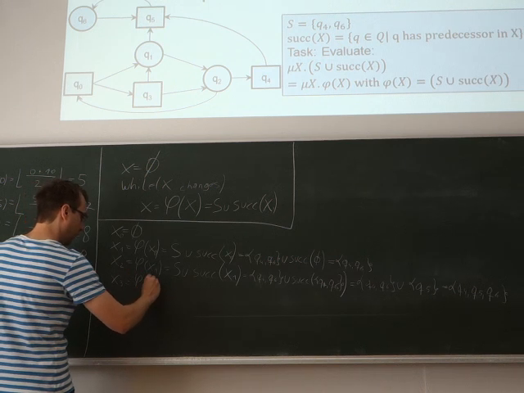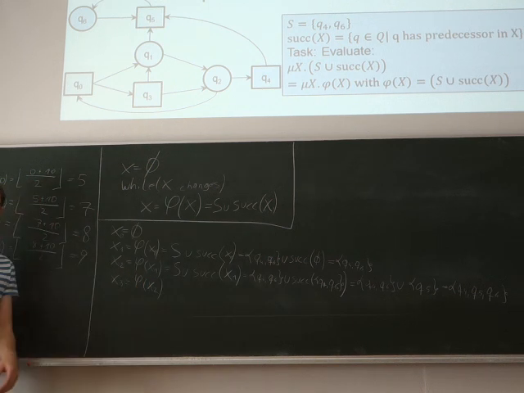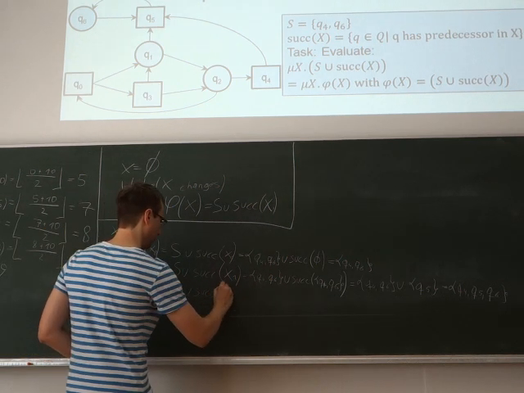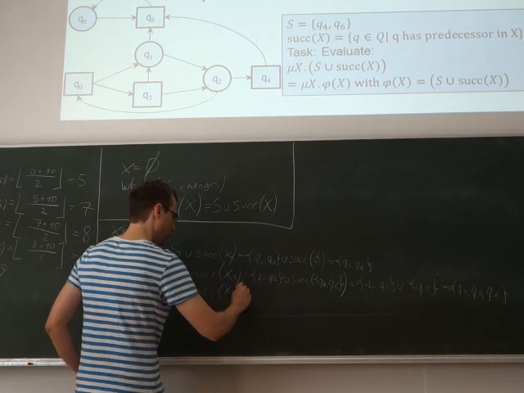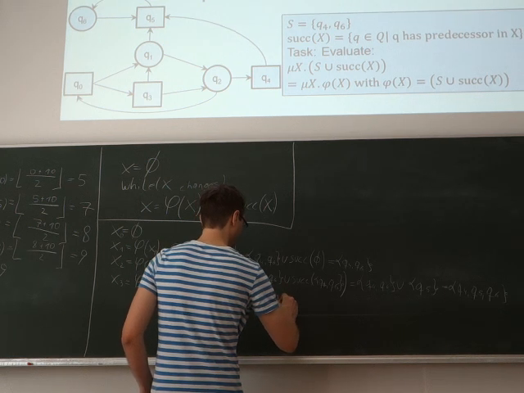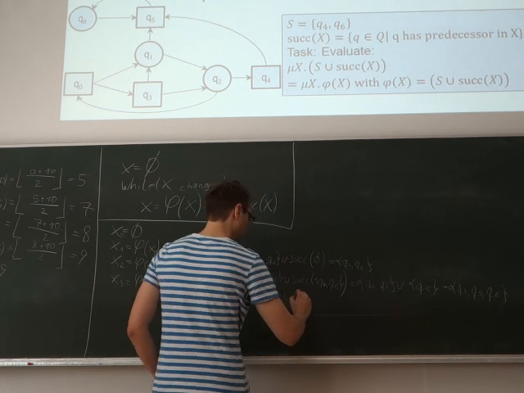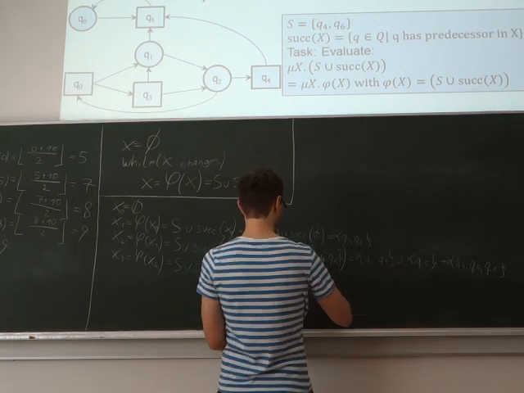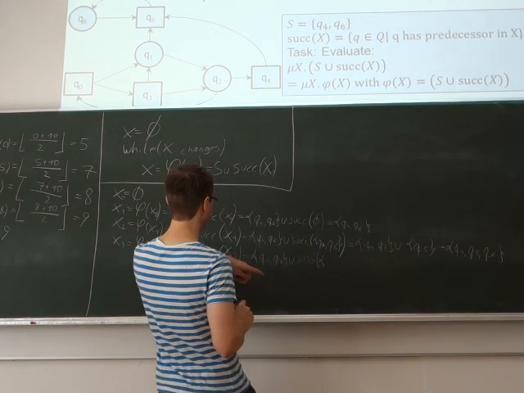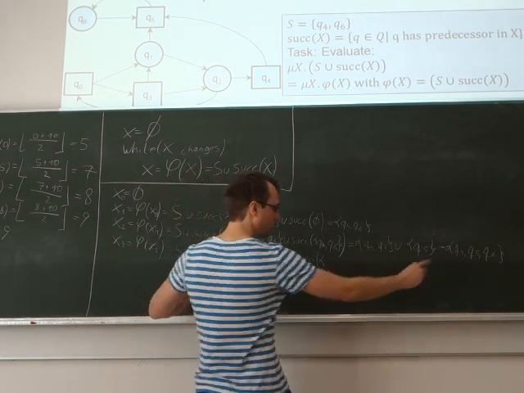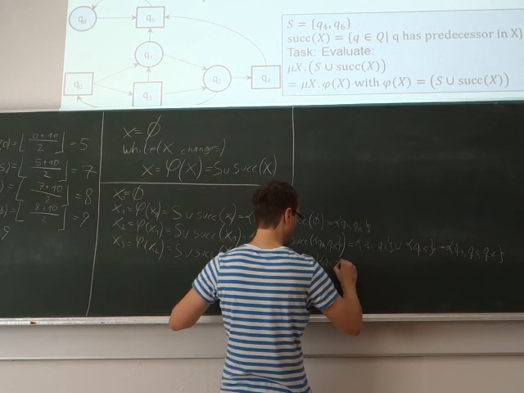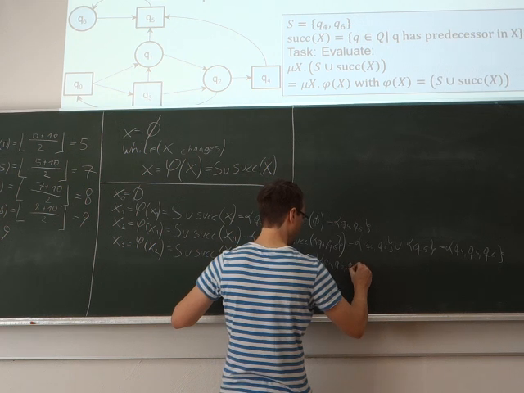Again, evaluate phi with the most recent value for x, which is again S and the successors of x2, which is Q4, Q6 union the successors of x2. x2 is Q4, Q5, Q6.